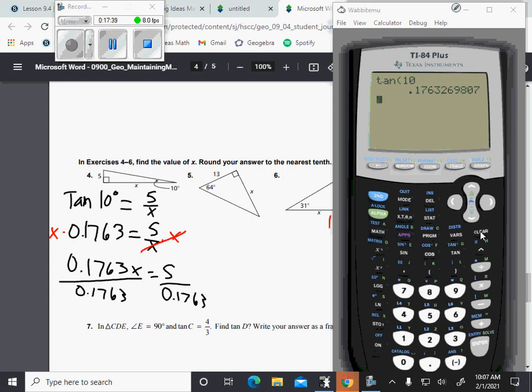That's going to solve for x. 5 divided by 0.1763 equals 28.4. Instead of equals, I'm just going to write about. x is about 28.4.